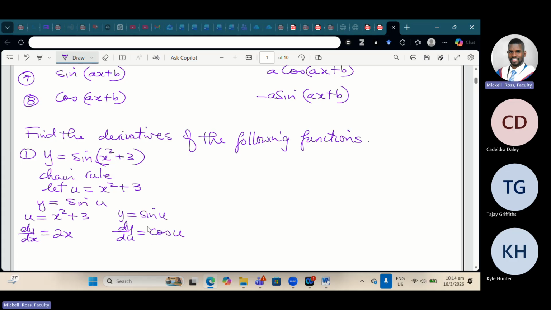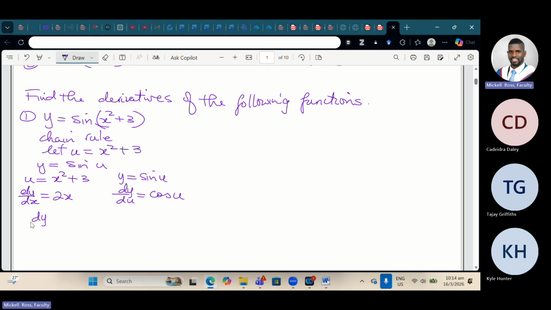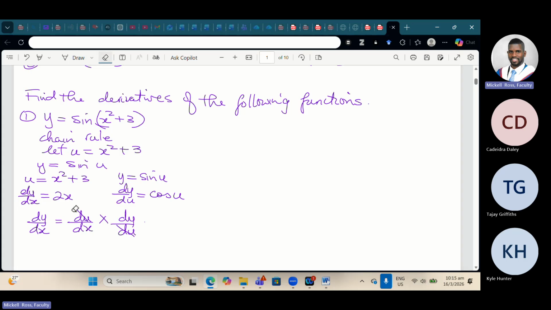All right. Now, to find the derivative of the original function that was given, the derivative of y with respect to x is going to be equal to du/dx times dy/du. So if you notice, if you cancel this du and this du with each other, you're just left with dy over dx, which is what we're solving for. Yes?